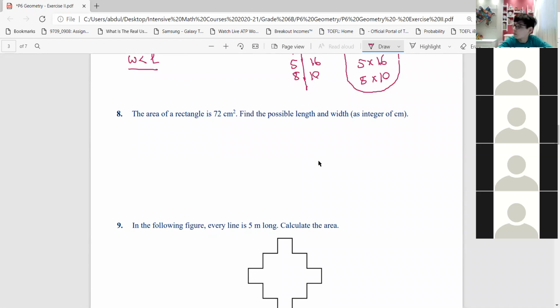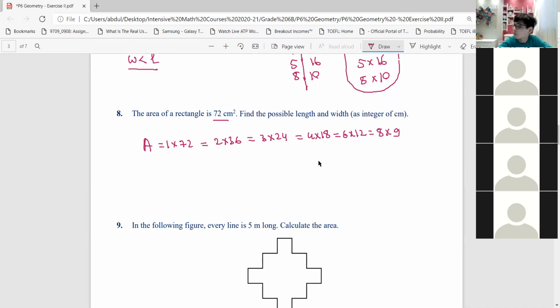Okay, and a similar question here. The area of a rectangle is 72 square centimeters. Find the possible length and width as integers of centimeters. Now you know how to do that. Area, I can write it as 1 times 72, or 2 times 36, or 3 times 24, or 4 times 18, or 6 times 12, or 8 times 9, right? 9 by 8 and 8 by 9, actually that's the same rectangle.